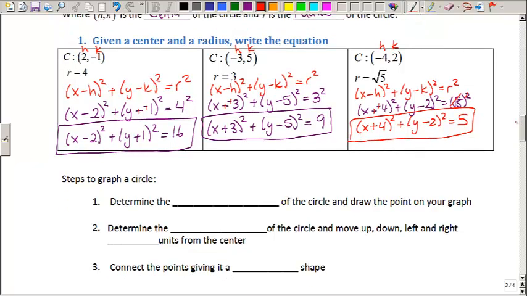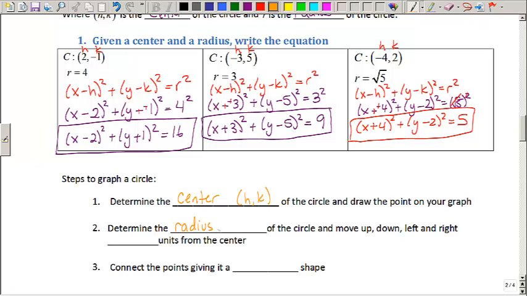The next thing you might be asked to do is to graph it. So in order to graph a circle, I want you to determine the center of the circle, which in this case will be h and k, and draw that point on your graph. Next, determine the radius.